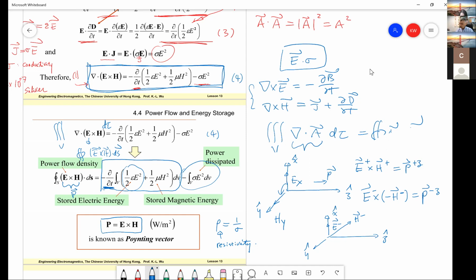So in this case, E cross H, but if H is polarized in the minus Y direction with respect to the E field, the P is in the minus Z direction, whereas this is in the plus Z direction. So that is the answer. You see why we have a minus sign in front of the magnetic field: the wave propagated in the opposite direction.